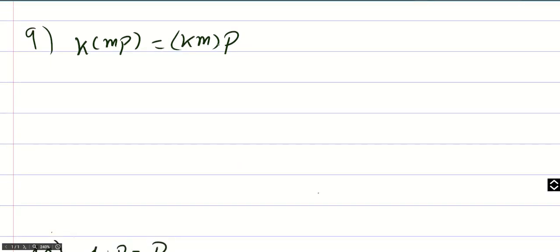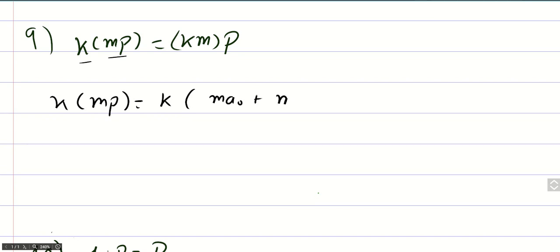Then we have the ninth axiom, which is related to how we can associate vectors that are multiplied by scalars. So k multiplying the vector mp is k times m a0 plus m a1x, and then we multiply k again by this polynomial, and we obtain k m a0 plus k m a1x.